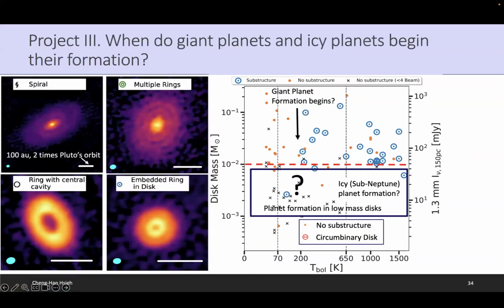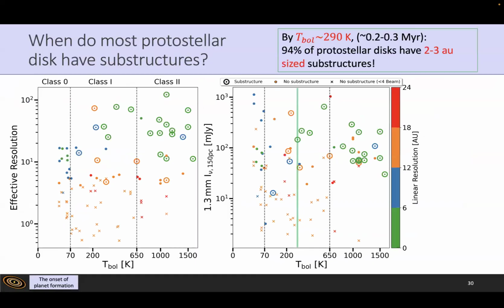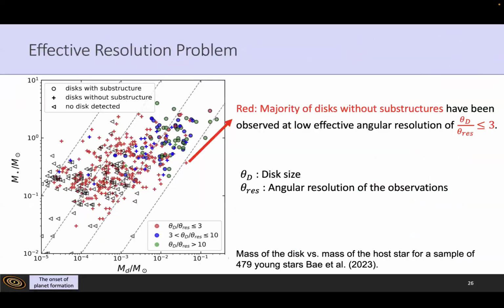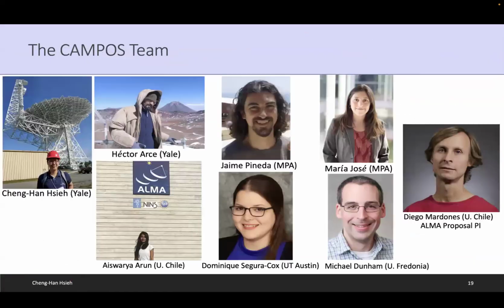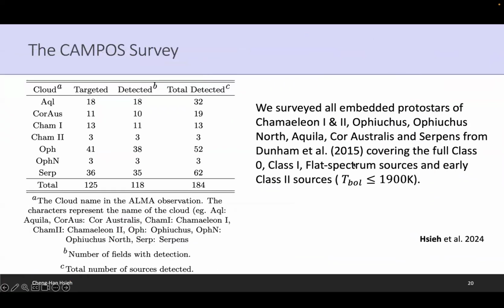So we observe nearly all the sources in 7 nearby molecular clouds from the Dunham et al. 2015 catalog. Dunham's catalog is from the Spitzer Legacy Survey, called the Cores to Disks Survey.